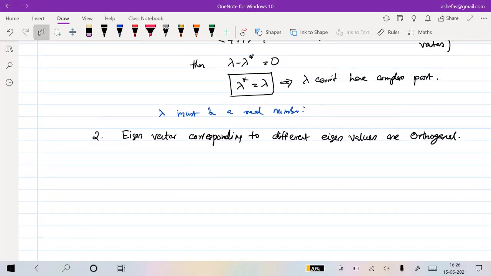So eigenvectors corresponding to different eigenvalues are orthogonal for a Hermitian operator. Again, we can start from a Hermitian operator A. So consider Hermitian operator A.